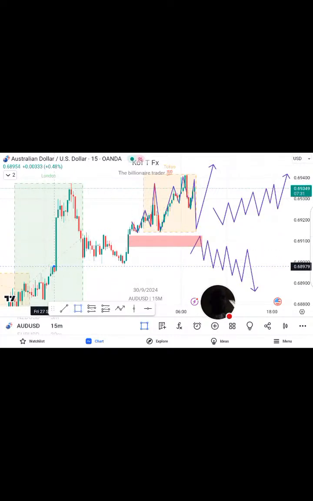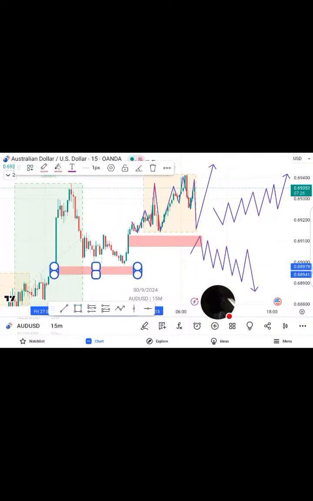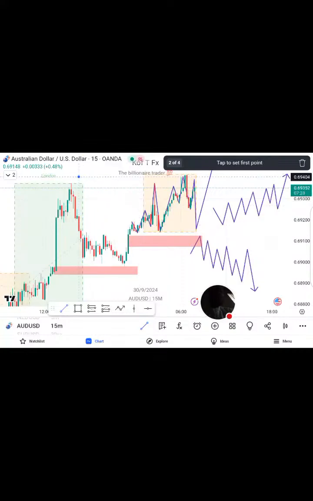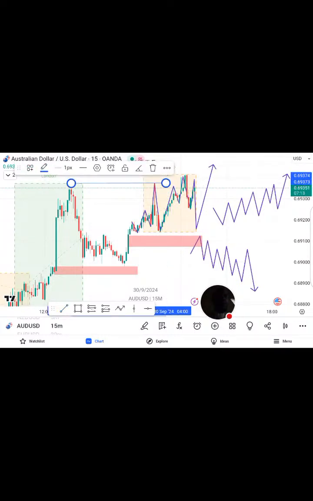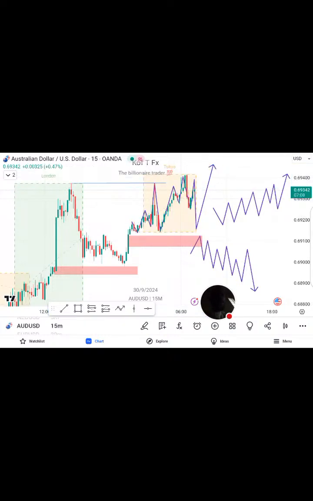For instance, from here to here, there is a mitigation before breaking the structure here. So if the structure down there fills the FVG, then I'm going to consider it, but it hasn't filled the FVG. As a result of that, I won't be taking this particular trade.